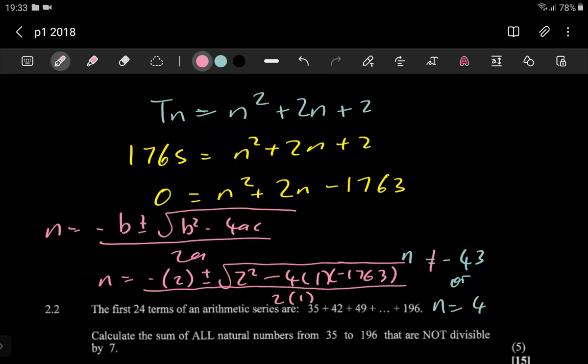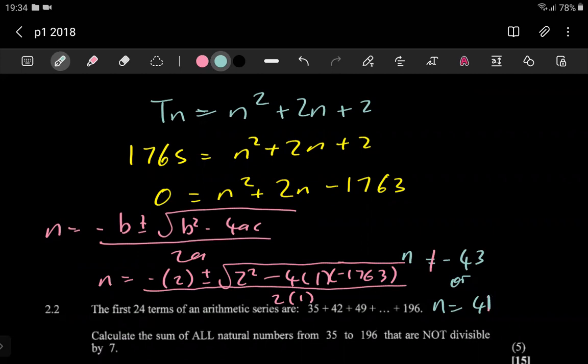Can someone with a calculator please confirm the answers? Otherwise, we are going to be stuck. I think it's 41, not 4. Where did I write 4? I meant 41. I forgot the 1.